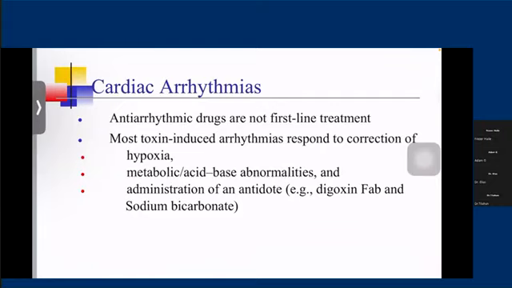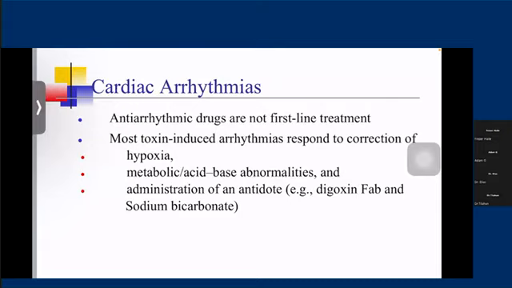Regarding cardiac arrhythmias, arrhythmia is common with some poisonous agents, especially those which have an effect on the sodium channel, like TCAs such as amitriptyline, and digoxin can cause different kinds of arrhythmias. Managing arrhythmias is sometimes challenging, because managing an arrhythmia with anti-arrhythmic medications can cause another form of arrhythmia.